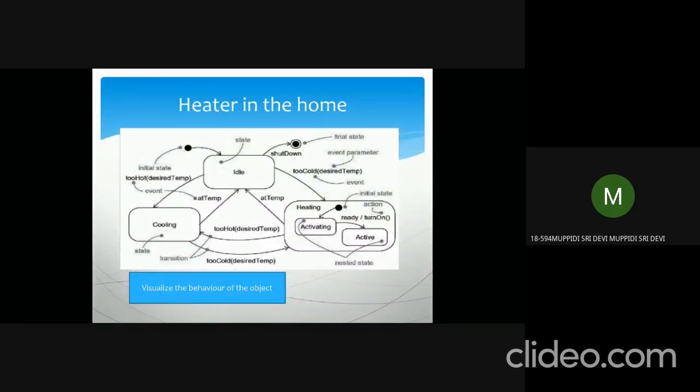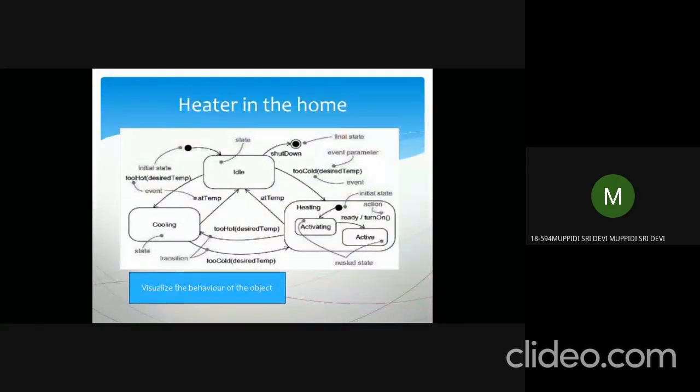So now, what are the features of a state machine? One is the initial state. The dark bolded circle is the initial state. Another feature is the final state, that is the bolded circle within a hollow circle.